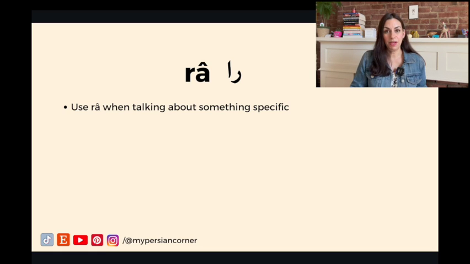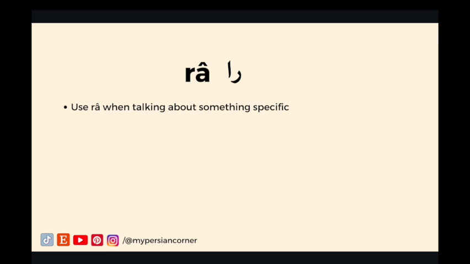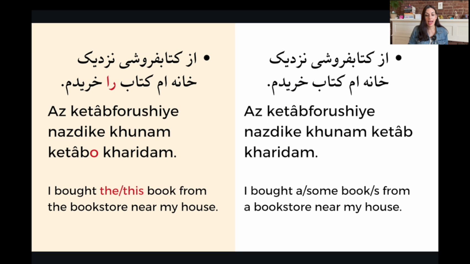Okay, another time that we use ra is when we're talking about something specific. So kind of going back to the previous examples of possessives and proper nouns, those are kind of specific things too, right? And that's why we use ra. So let's compare these two examples. از کتاب فروشی نزدیک خونم کتاب خریدم. There's no را in this example. So here I'm talking very generally.